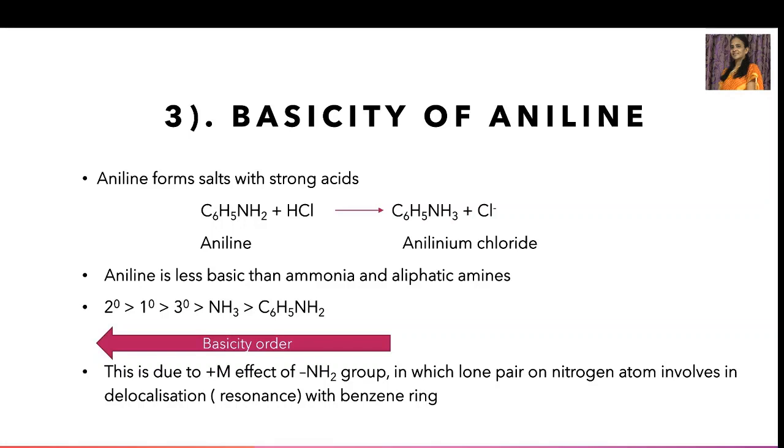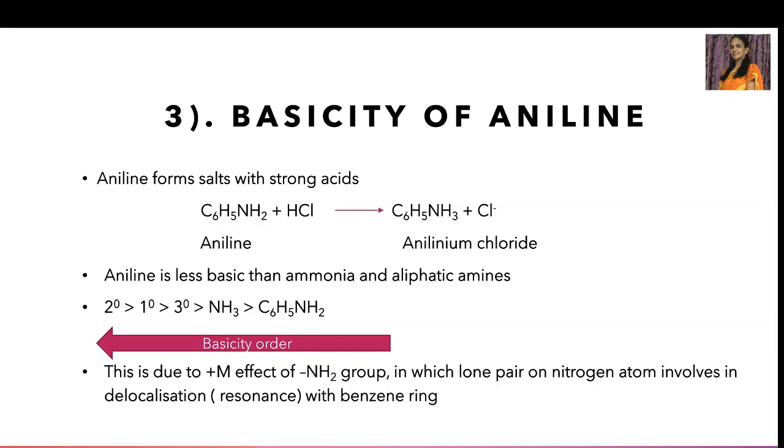That is C6H5NH3 plus, the anilinium ion, and this is chloride. This plus must be here over nitrogen. So this is anilinium chloride. Anilinium chloride is a salt. Now, aniline combines with acid to form a salt. That indicates aniline is acting as a base. Very simple. This is an acid-base reaction.